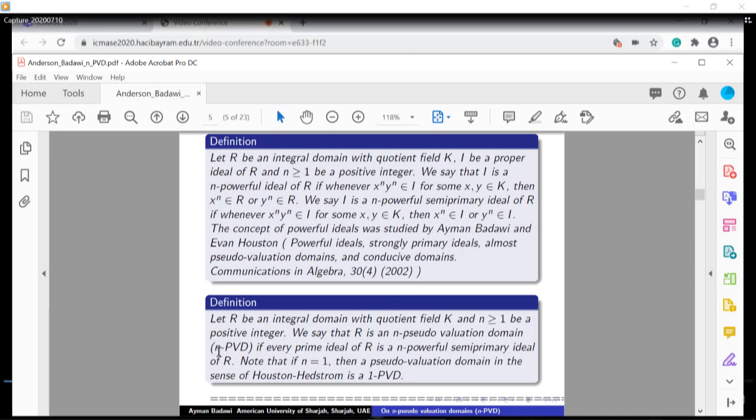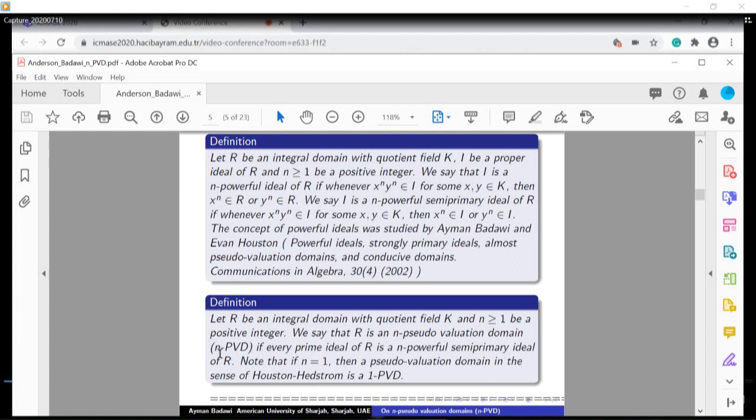Well, if you let n equal 1, then this is the classical pseudo valuation domain in the sense of Houston and Hedstrom, the classical papers on pseudo valuation domains.